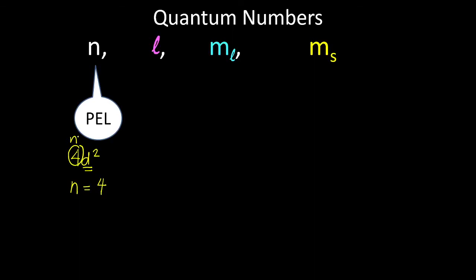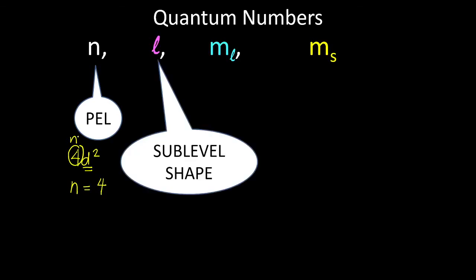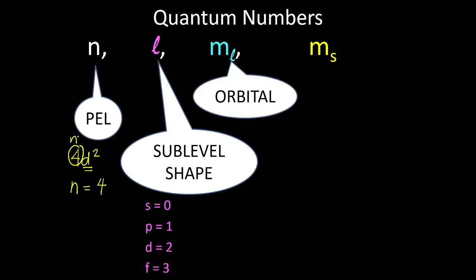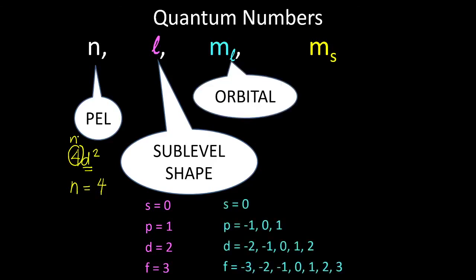Okay? Next. The L, the sublevel shape. So take note, these are the values. If S, it's 0; if P, it's 1; if D, it's 2; if F, it's 3. These are the values of the orbitals. For S, these are the possible values to choose from. For P, these are the possible values.